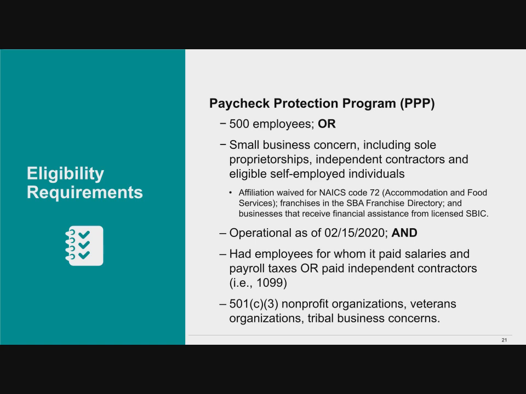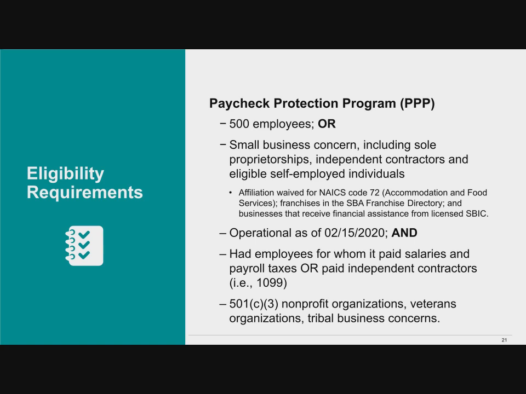So small business concerns were limited to number of employees and or revenue historically. They've simplified it to a certain extent to where if you have a small business concern with 500 employees or less, you qualify, including sole proprietorships, independent contractors, and eligible self-employed individuals.